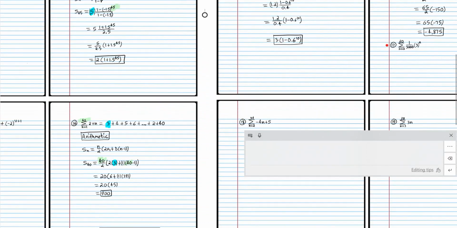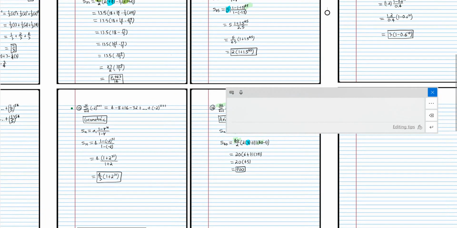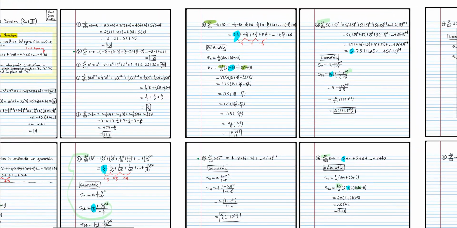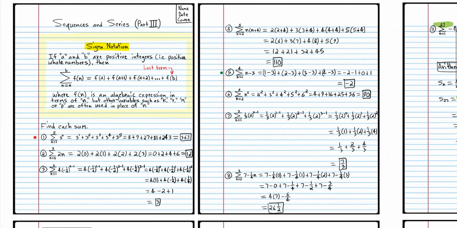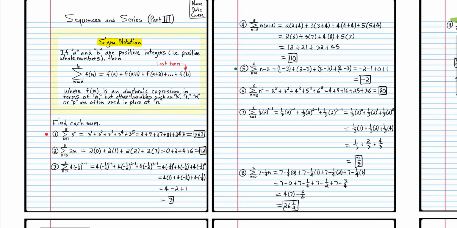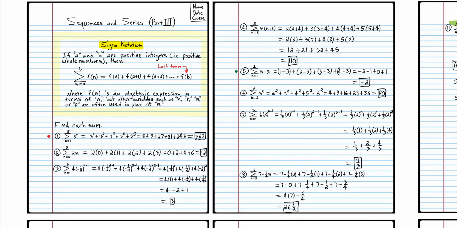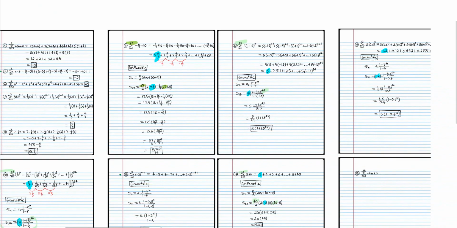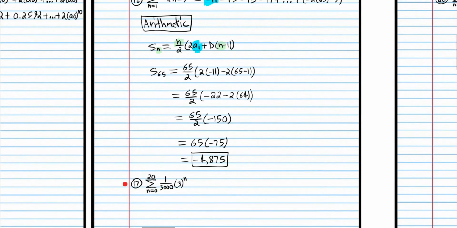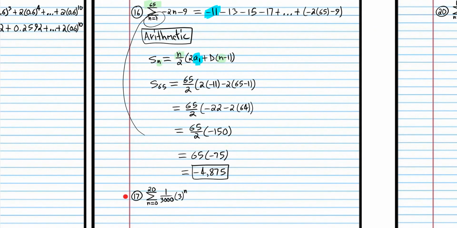Look at all these problems. n was always equal to 1 in these problems where we had to use a formula for the first n terms of a geometric or arithmetic series. That was not the case with the first problems, but we weren't really using the formula. But in the last 8 problems that we did, n was always 1. That was the lower bound, as you see up here.